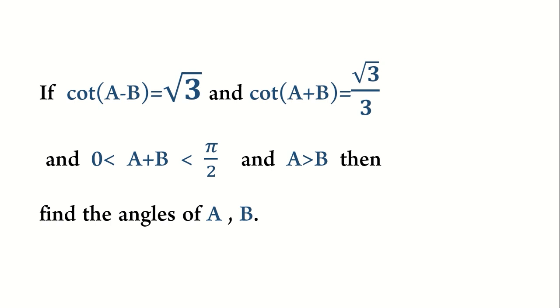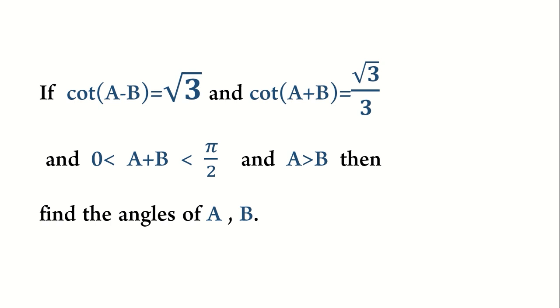So here we have the cotangent of A minus B and A plus B. The problem is inverse. We have cotangent of A minus B and A plus B, and we are going to find A and B as the angles.